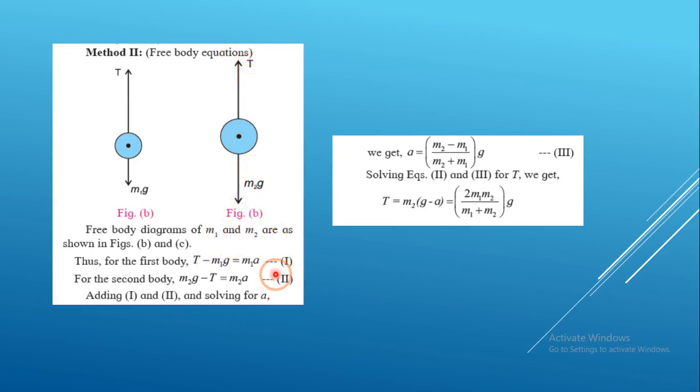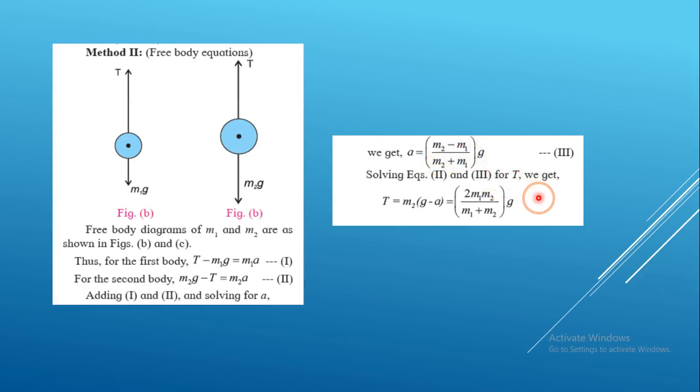By adding 1 and 2, we get T minus m1g plus m2g minus T is equal to m1A plus m2A. T gets cancelled. m2g minus m1g is equal to A into bracket m1 plus m2. When we solve it for A, you will get (m2 minus m1) upon (m2 plus m1) into g.